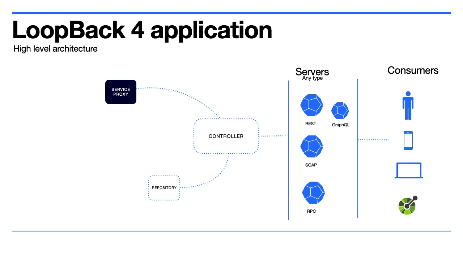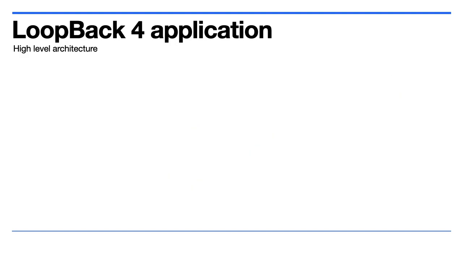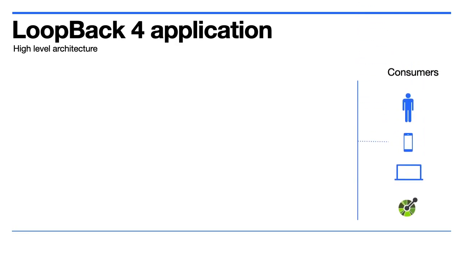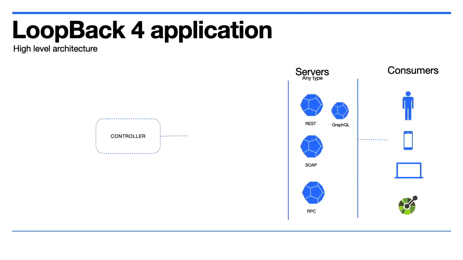You can use a CLI command to generate the controller and the repository for you on the fly at runtime, so you don't have files. In our case, through this lesson, we're going to create the controller and the repository. That's why I just placed them on a white background. But let's get back to the service proxy.